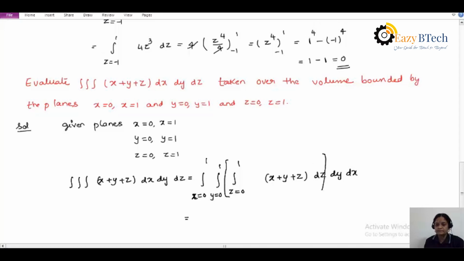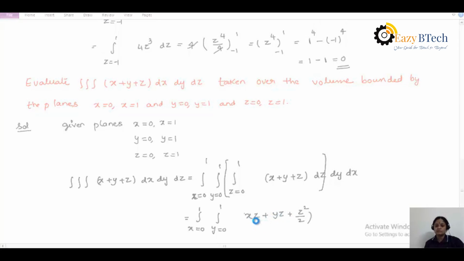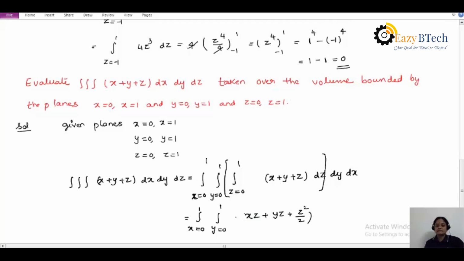Okay, integral x is equal to 0 to 1, integral y is equal to 0 to 1, xz and yz plus z square by 2. So in the previous problem I explained how you will get here xz, because x is treated as a constant and 1 will be there, for one integration is z only here.